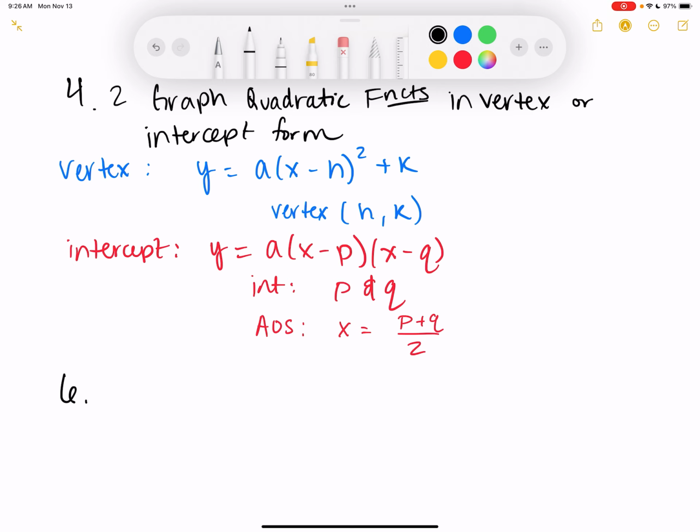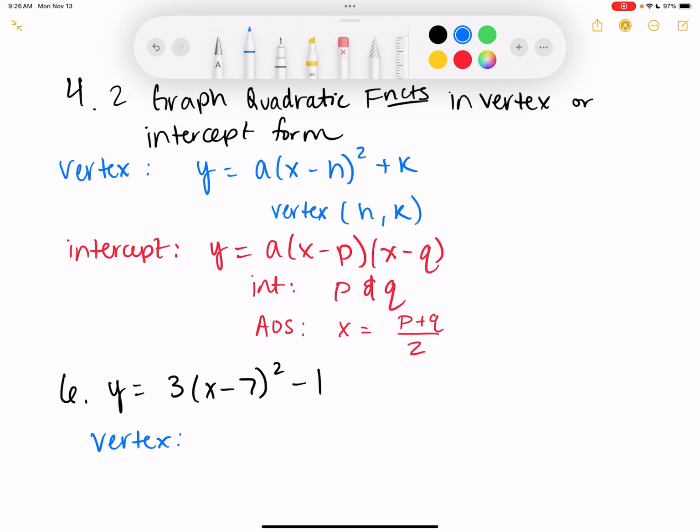So number 6, we've got y is equal to 3 times x minus 7 squared minus 1. So my vertex for this one is at (h, k), so it's opposite sign on the one inside, same sign on the one outside.